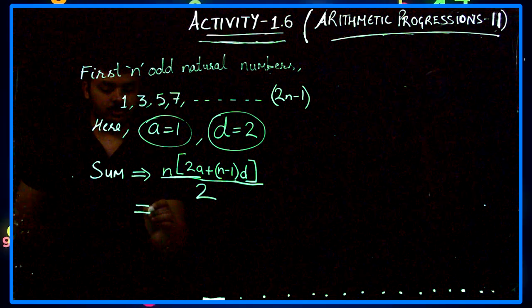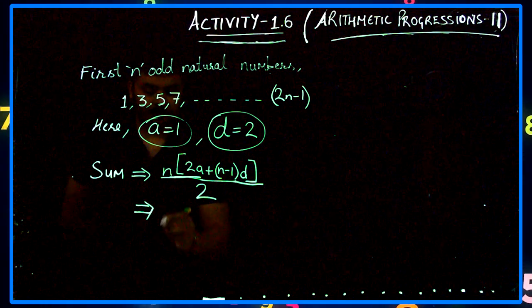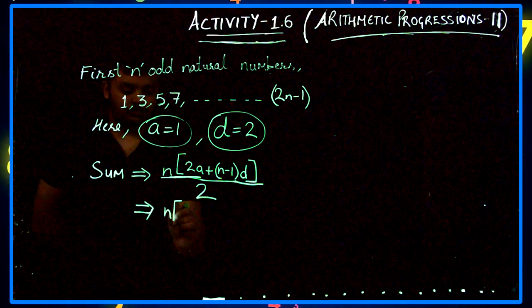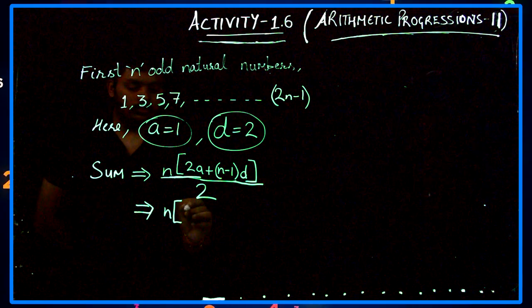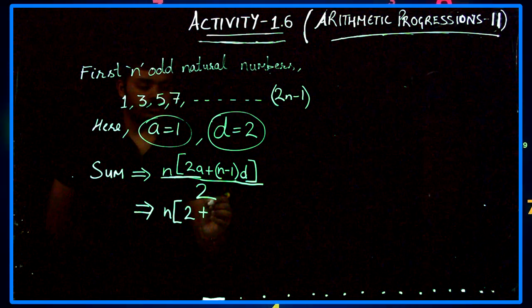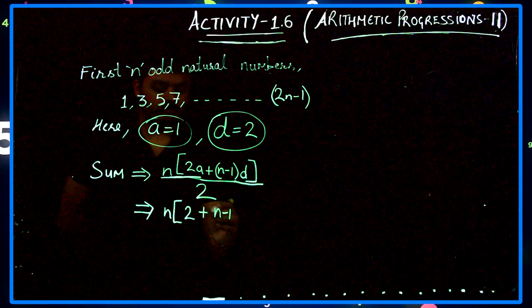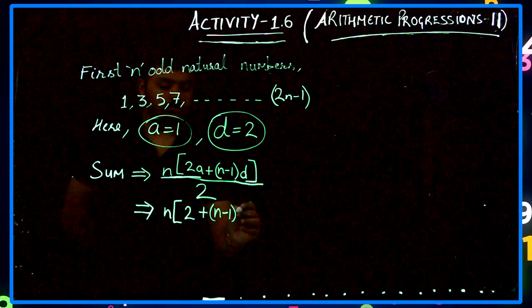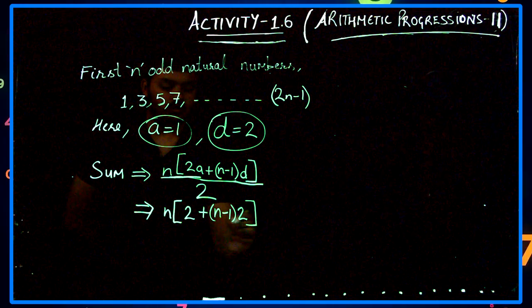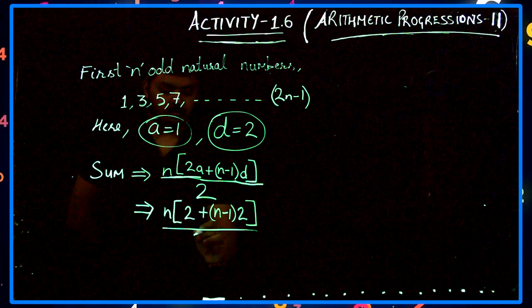So let's substitute the values. a equals 1, so 2 plus n minus 1, d equals 2, upon 2.